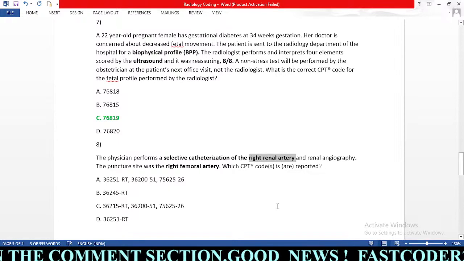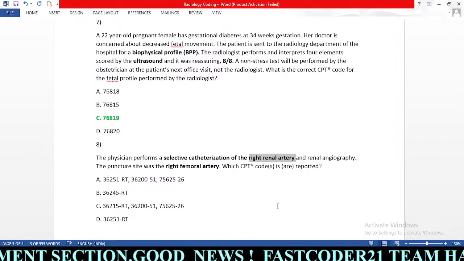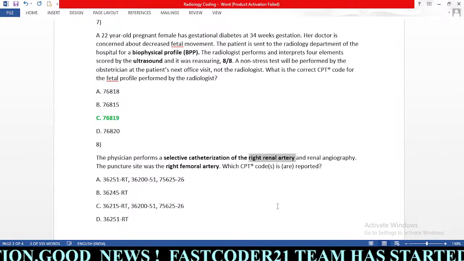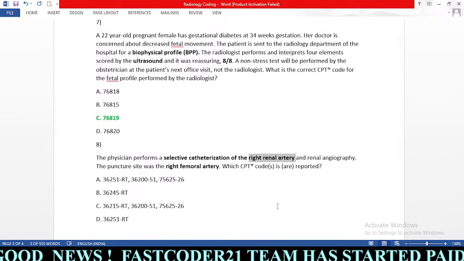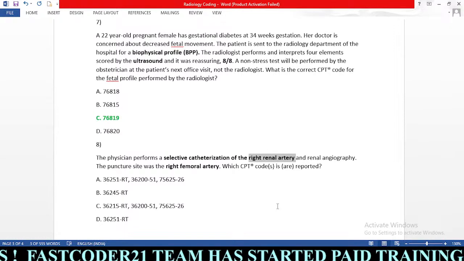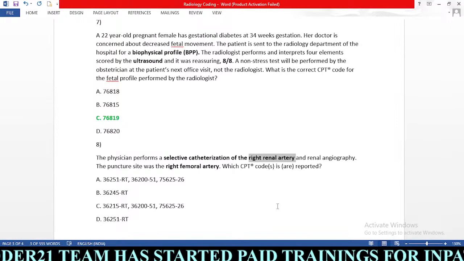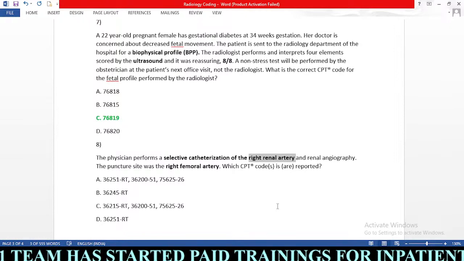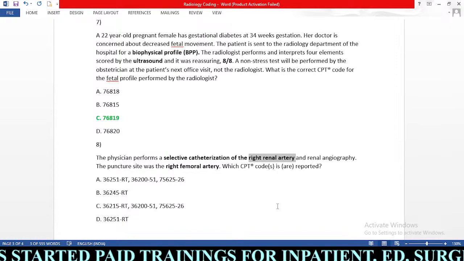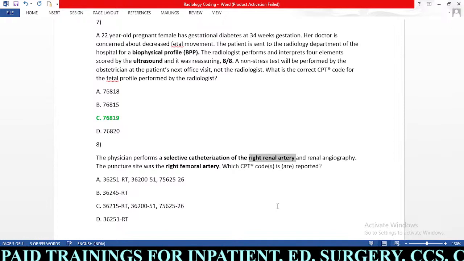We will check 36245. Selective catheter placement, arterial system, each first order abdominal, pelvic or lower extremity artery branch within a vascular family.